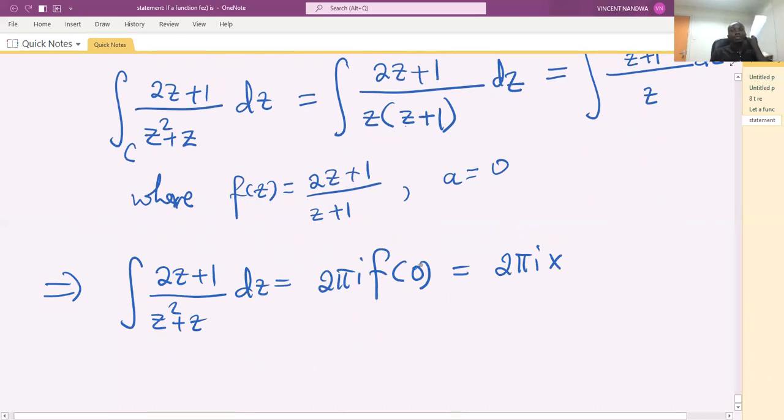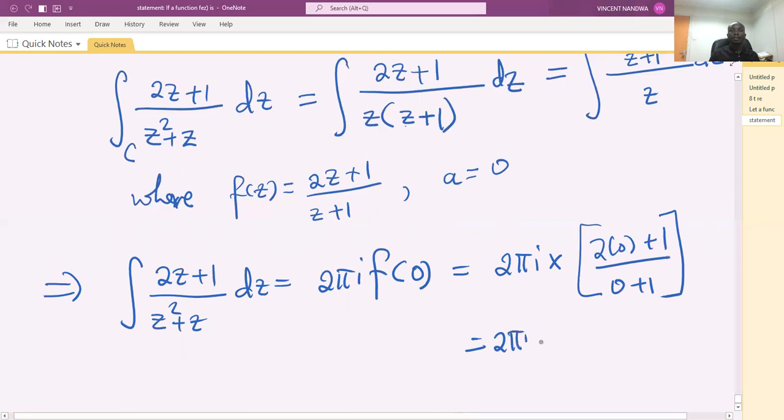So when you say f of 0, you put 0 where the z is. So 2 times 0 plus 1 over 0 plus 1, which will be 2 pi i times 1 over 1. So the answer will just be 2 pi i.